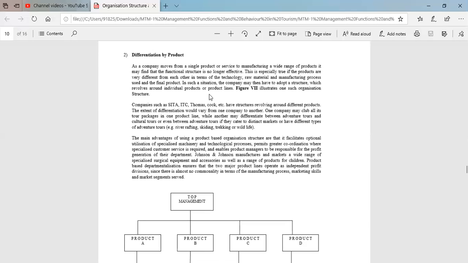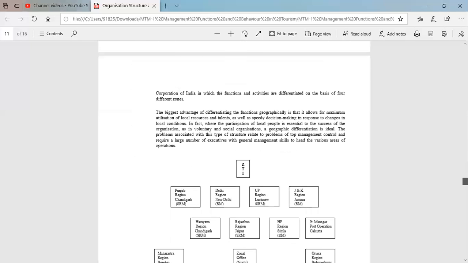Just like Tata: Tata has hospitality, which is a different product. Tata has motors, which is a different product. These are differentiated by products. Differentiation by product is done in big companies that have more than one product. Always remember.